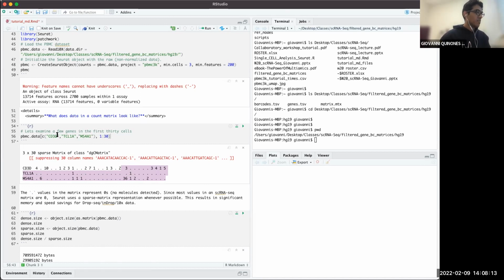As you can see, all of our rows have names, and the rows correspond to genes, and the columns represent cells. So what we're doing here is just printing the rows that correspond to these 3 different genes, and show me the value for the first 30 cells. And you should get a small matrix that looks like this.